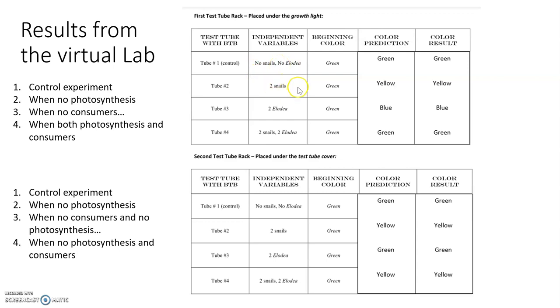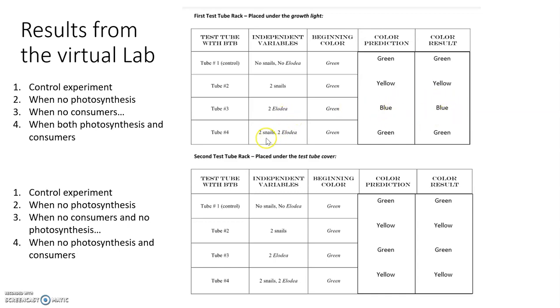Then in test tube 2, since we only have consumers, only heterotroph snails and no photosynthesis, we would expect the snails to produce carbon dioxide, and this carbon dioxide would turn the solution yellow because it becomes more acidic. Then down here, when there are no consumers, CO2 will be taken up by the plant, and this would of course lower the concentration of carbon dioxide in the solution, and this would make the solution more blue.